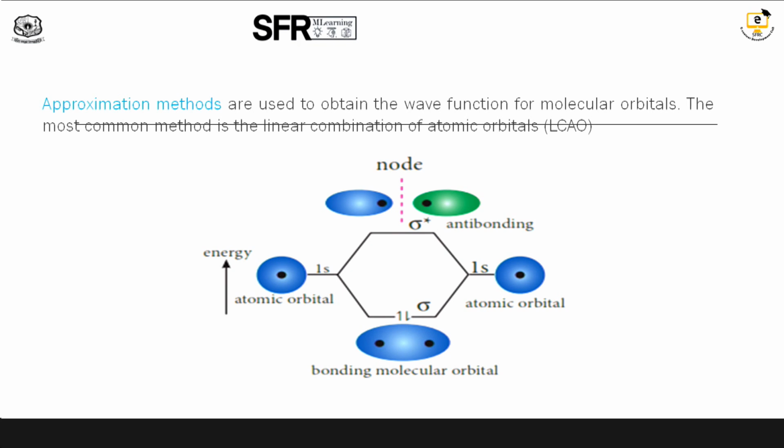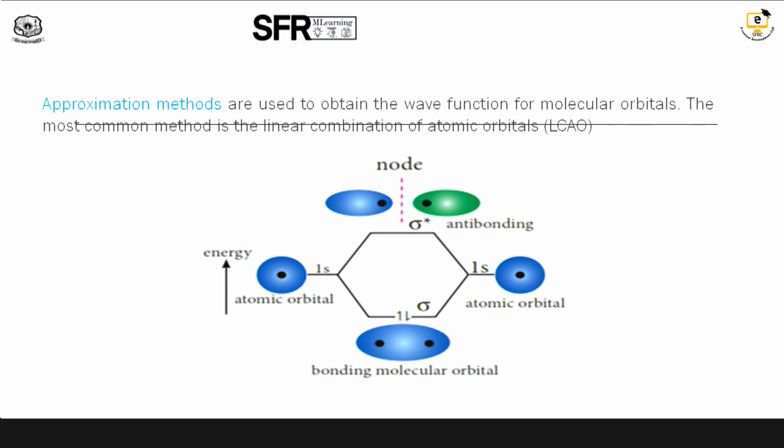So, how do the atomic orbitals combine to form the molecular orbitals? This is explained through the LCAO theory, which is an approximation method. It says that when two atomic orbitals are linearly combined, they form two molecular orbitals: one is the bonding molecular orbital at lower energy and the other is the anti-bonding molecular orbital at higher energy.